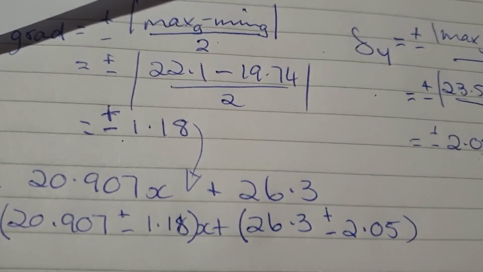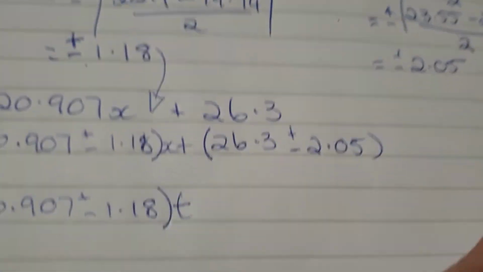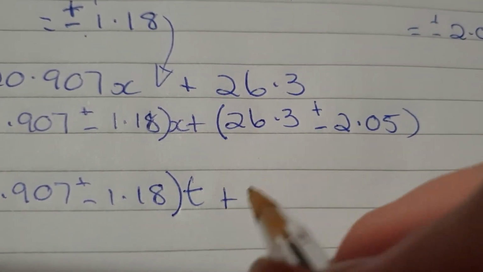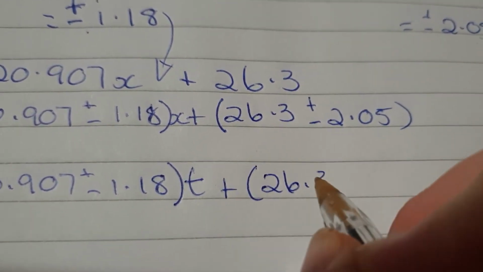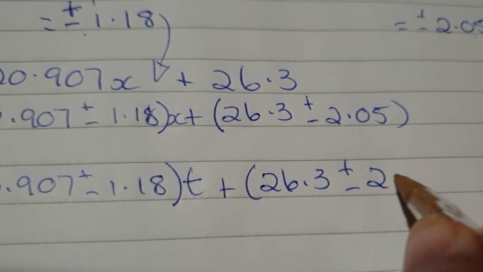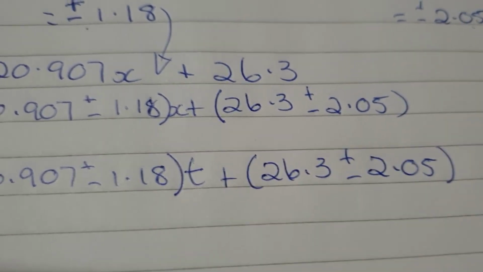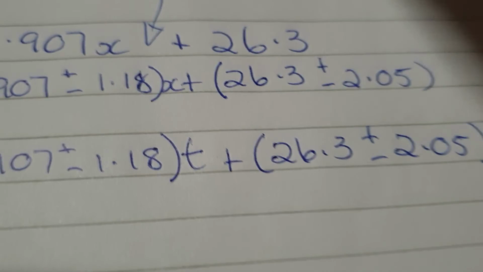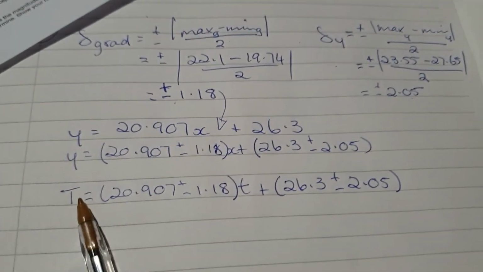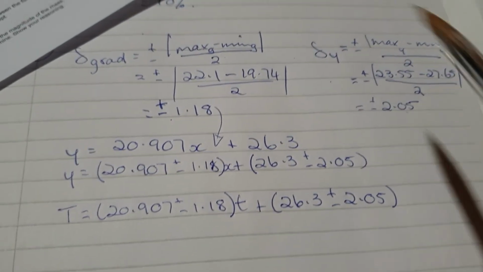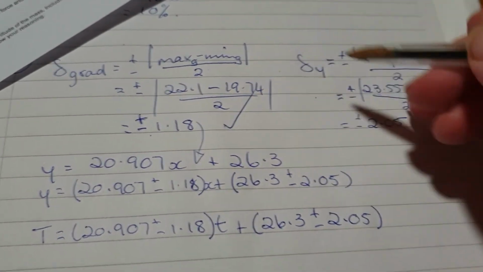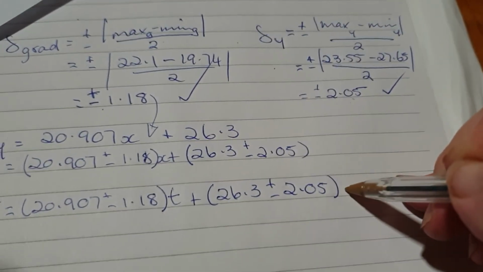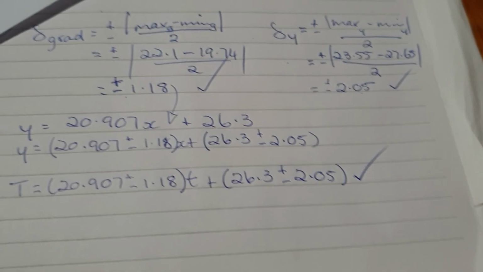And x on the graph was time, so we'll give that a small t, plus 26.3 plus or minus 2.05. Right, so that is the mathematical relationship. That's worth 1 mark, that's worth 1 mark, and that's worth 1 mark. So it'll be worth 3 marks.